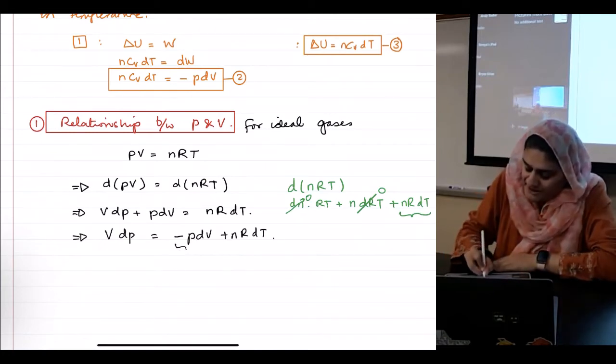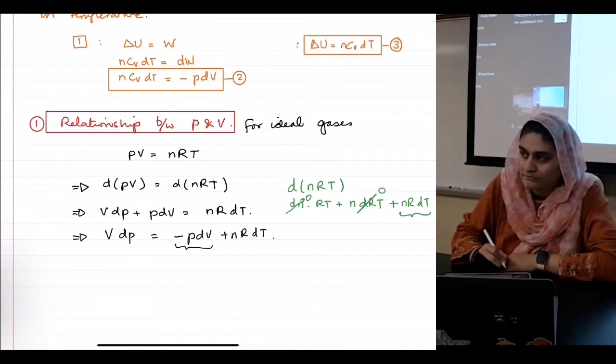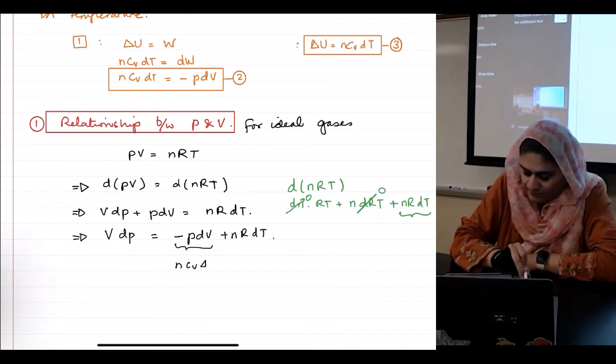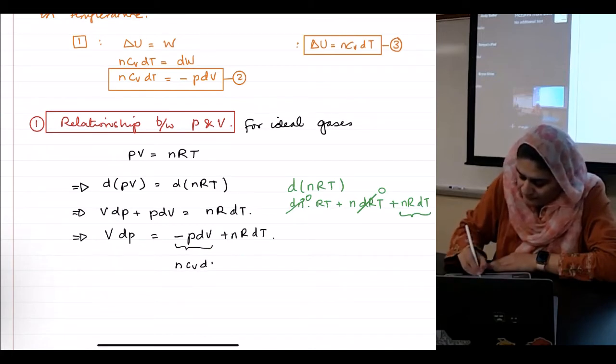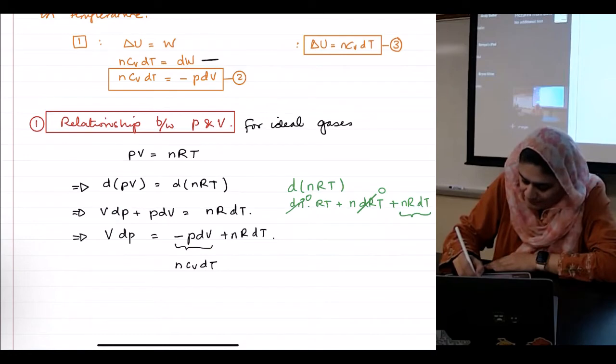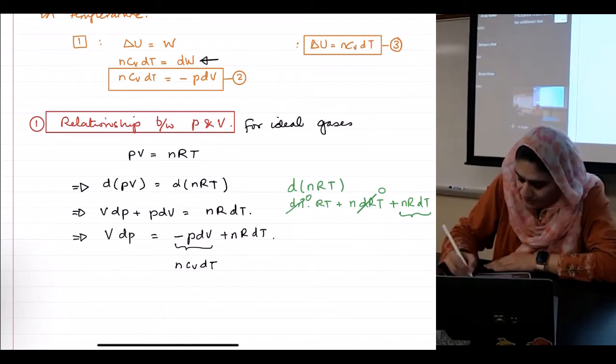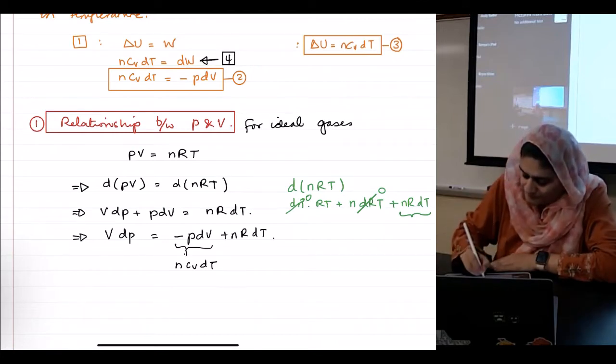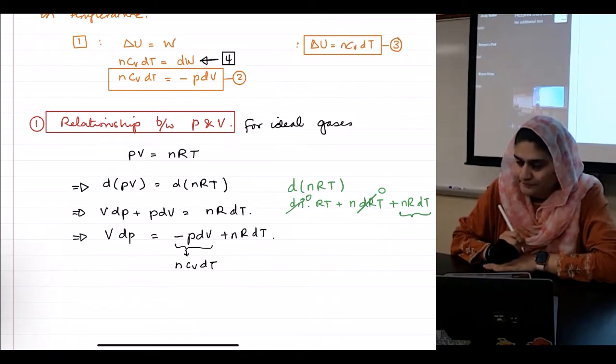Is this dW? And was dW equal to nCV dT, from equation 4? Do you want me to do another step in the middle?